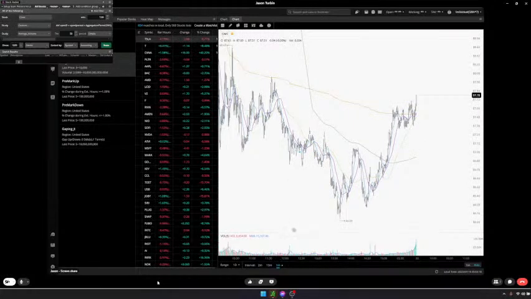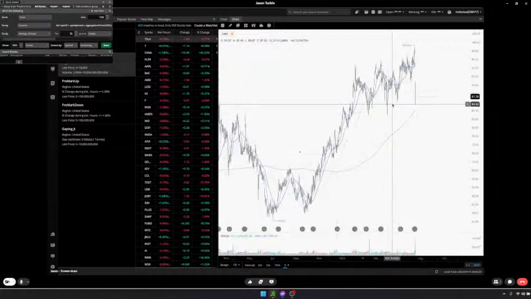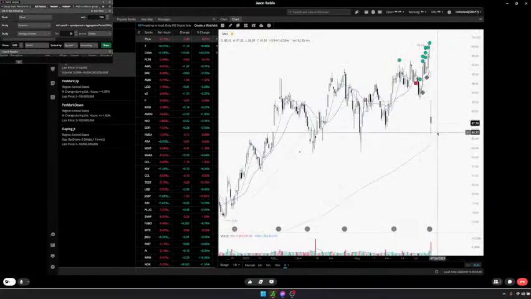Yeah, 5 minute. I'm gonna do this. Put a star on that, and then put a star on the daily here. That way we got daily here. If I go to the daily, I can see why it bounced around here. Look at this, all these previous levels. So it kind of makes sense to stop there.